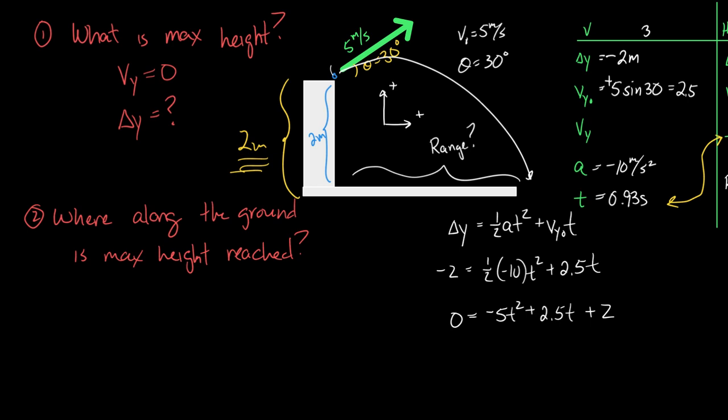It's clearly just related to what we just did, but again, it's an ancillary question. And for this one, same thing. You would set Vy to 0, but then you would solve for the time and plug that into the range. Right? This would tell you the horizontal displacement when the object has no y velocity.